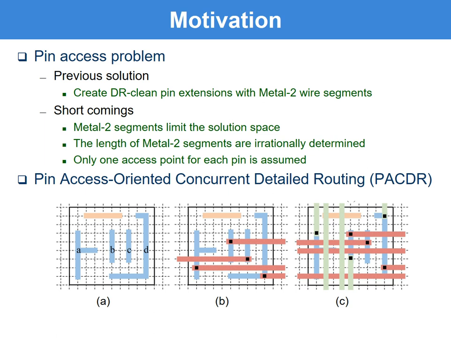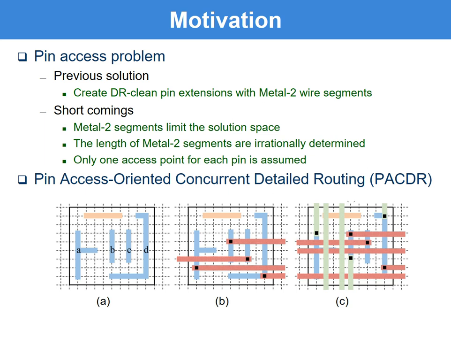Additionally, Figure C depicts a traditional method for detail routing post-track assignment. Despite its effectiveness, the extension method has several limitations. For one, the segments created during this method cannot be fully utilized during the detail routing stage, ultimately limiting the solution space.